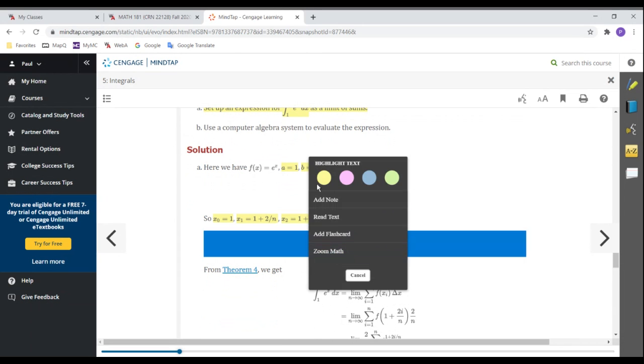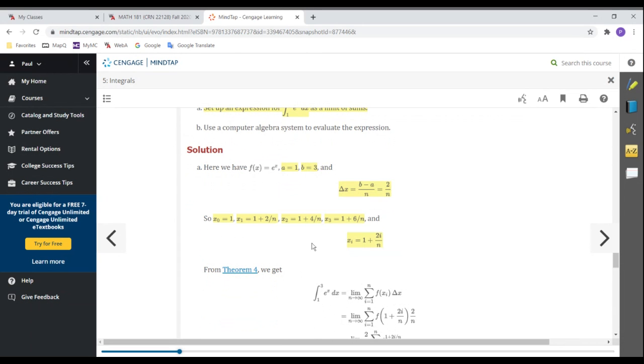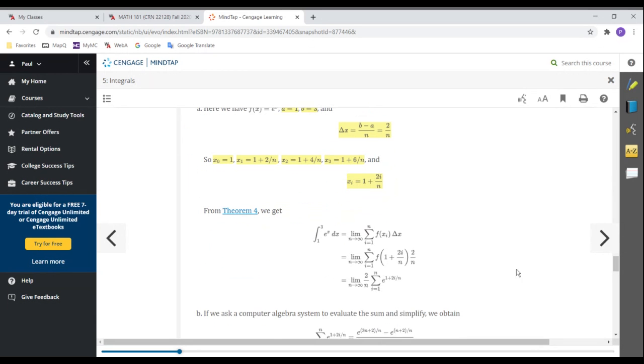And I think you get the general idea. x of i would equal 1 plus i times 2 over n. So they write i times 2 over n as 2i over n. And they're using right endpoints to determine the heights of the rectangles.